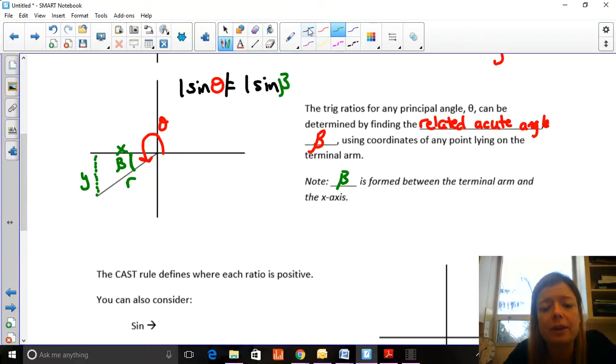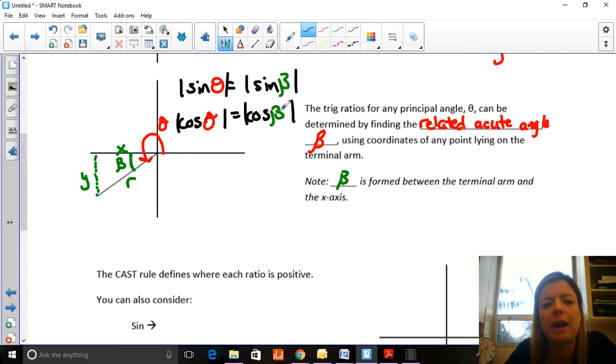Okay, so their values are the exact same. What might change is which one is positive and which one is negative. Okay, the absolute value of cos of theta, so the actual number, is equal to the cos of beta.